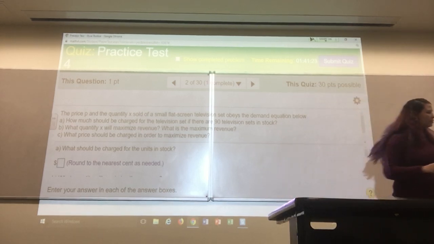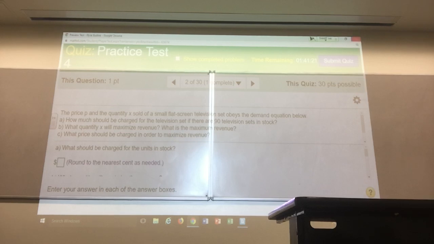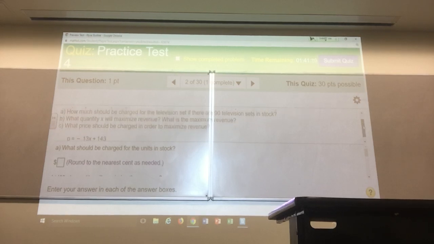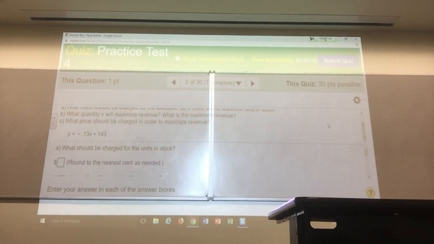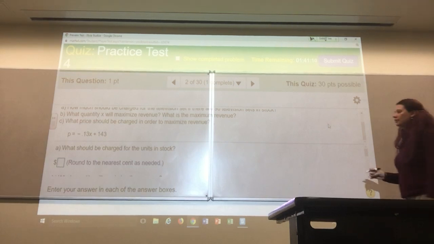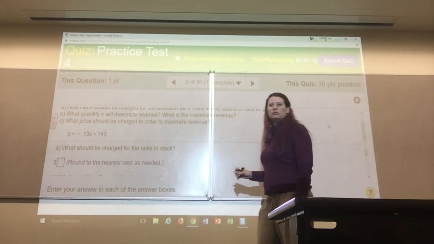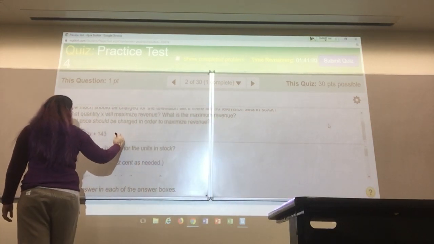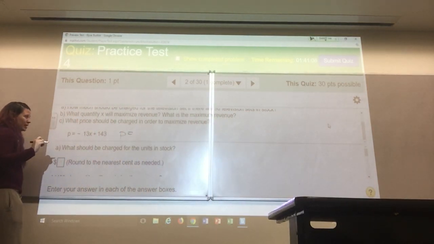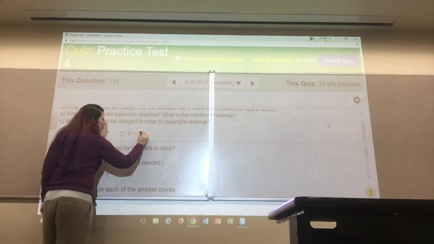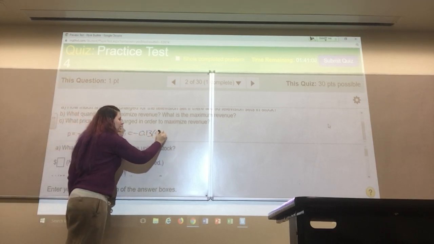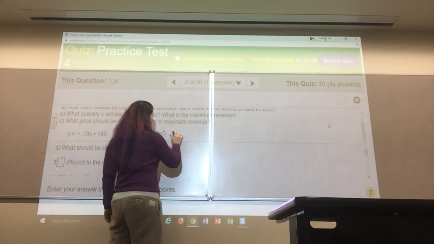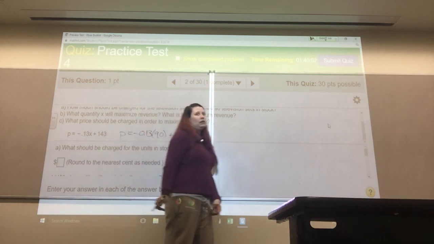Well, I have to scroll down to get the formula. Okay, so we're selling 90. What do we do? Plug in 90. So the price, remember lowercase p, is negative 0.13 times 90 plus 143.